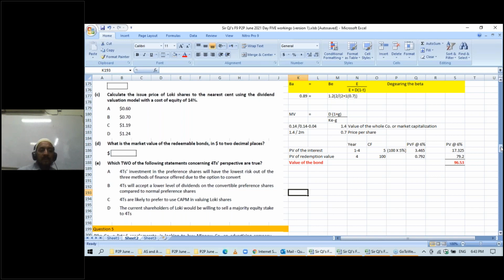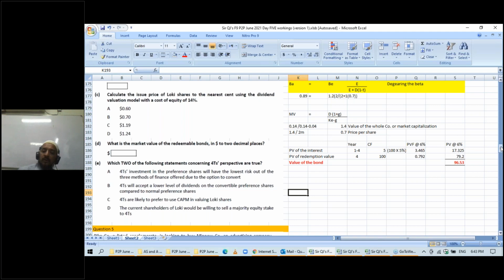Okay, now in this case, B is correct: as a convertible bond is lucrative and can give you more benefit in the form of conversion into shares than the cash redemption value, the company may issue the convertible preference shares at a lesser dividend compared to the normal preference shares. And secondly, C is also correct. 4T are likely to prefer to use CAPM in valuing Loki shares.